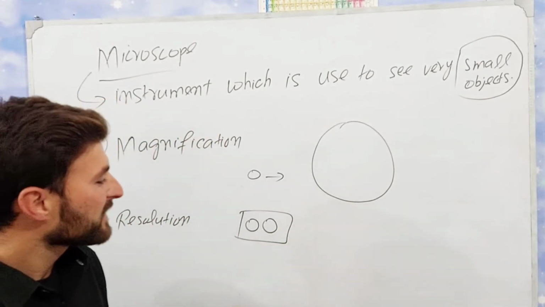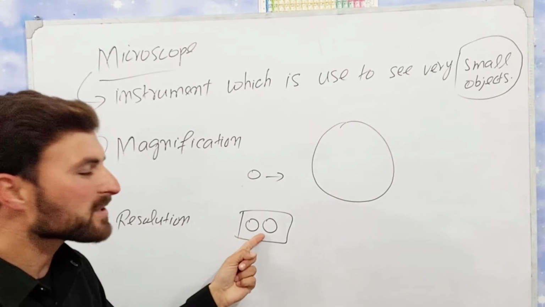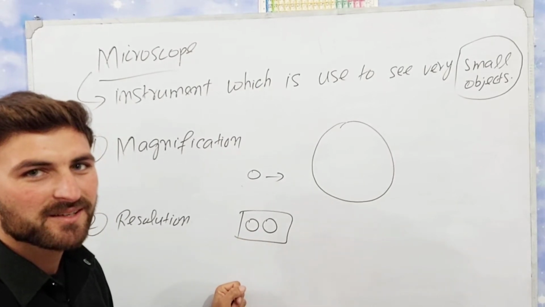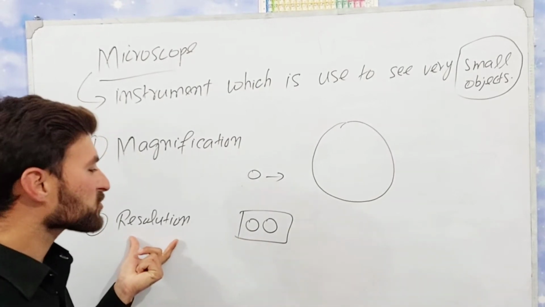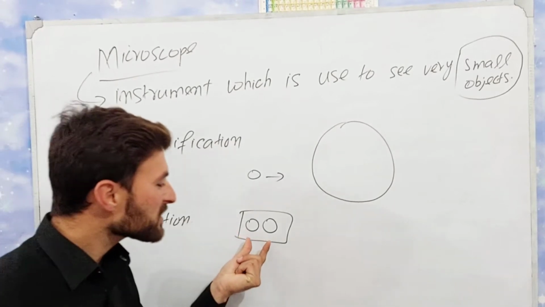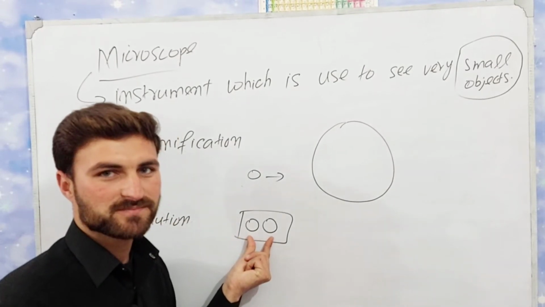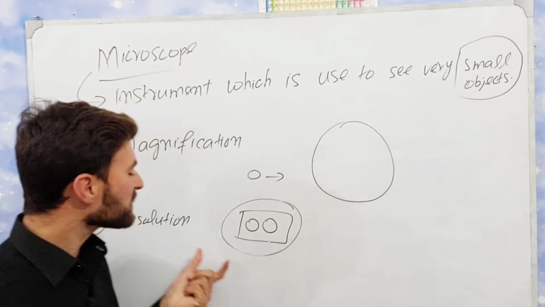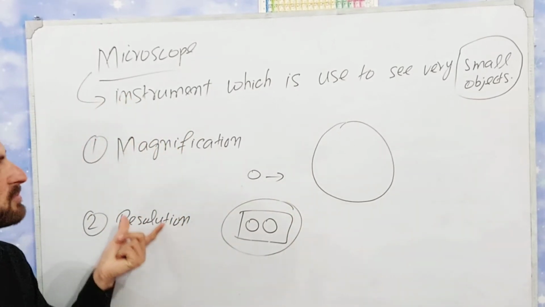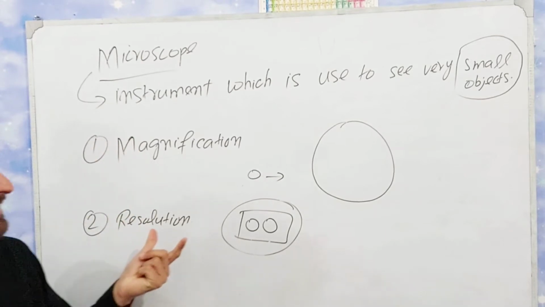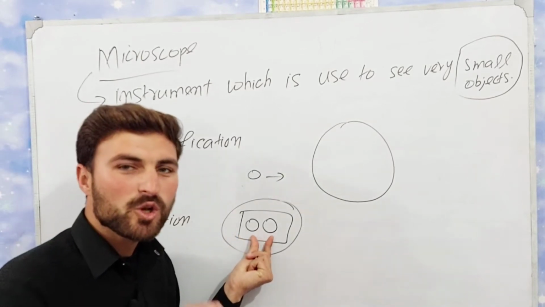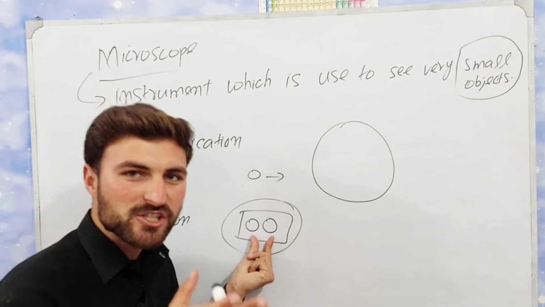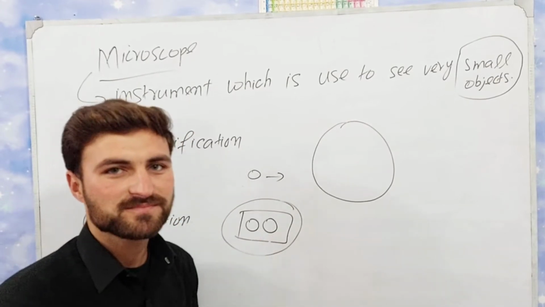We will think that these are not two but one object. But this property of the microscope distinguishes between these two objects. If we are having this image, because of this resolution, which is the property of the microscope, these two objects will look clear and distinct from each other.